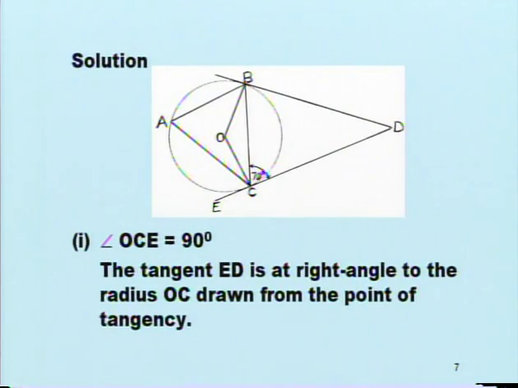Here's the solution. First part, angle OCE is equal to 90 degrees. How do we arrive at this? The tangent ED is at right angle to the radius OC, drawn from the point of tangency. You recognize that.